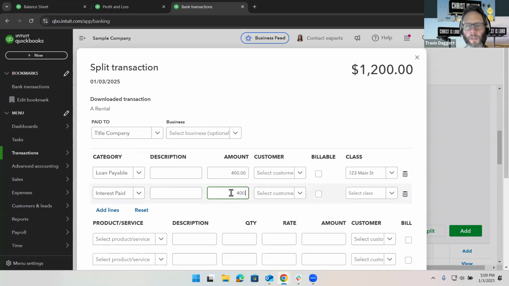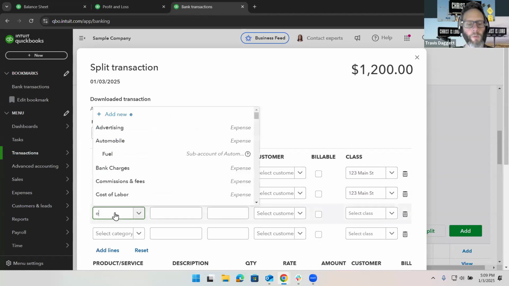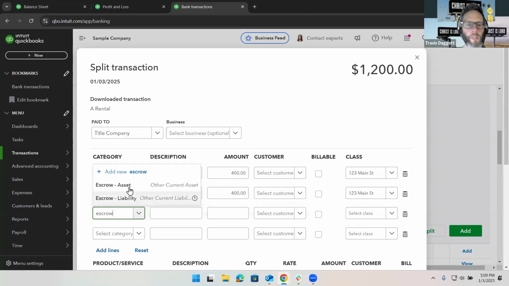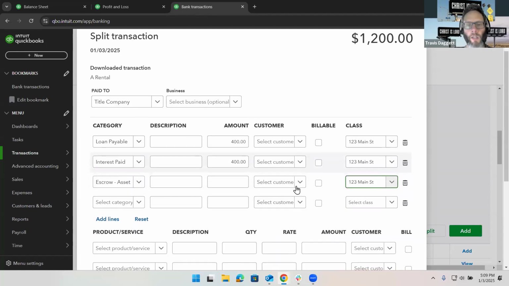And let's say that's your interest, and then also your escrow. And we're going to have two escrows in this case. And of course, we'd be tracking it by class. And this 400 as well.